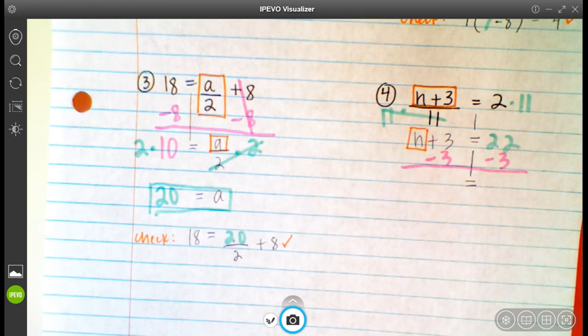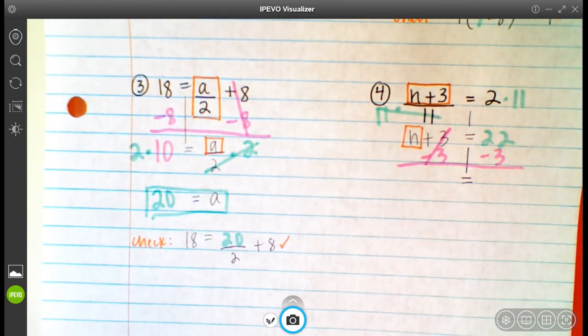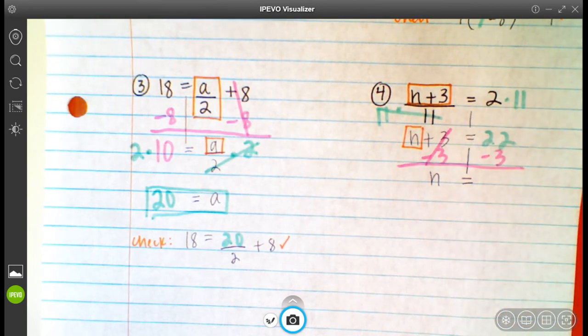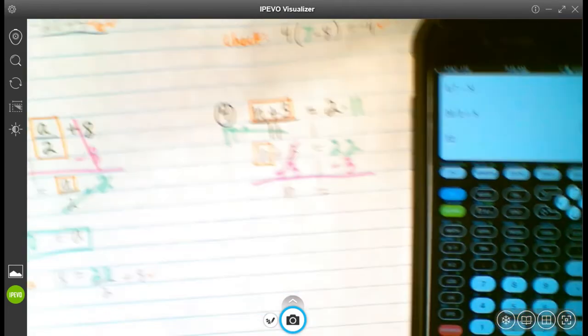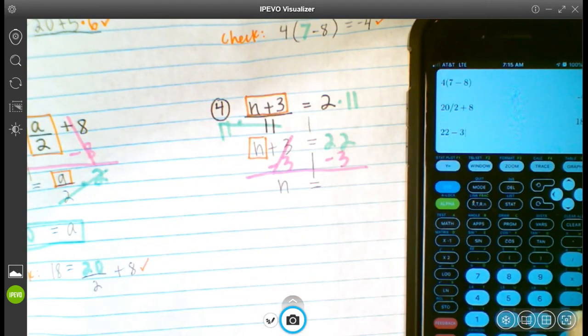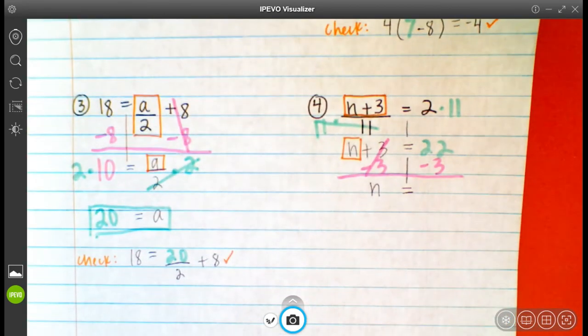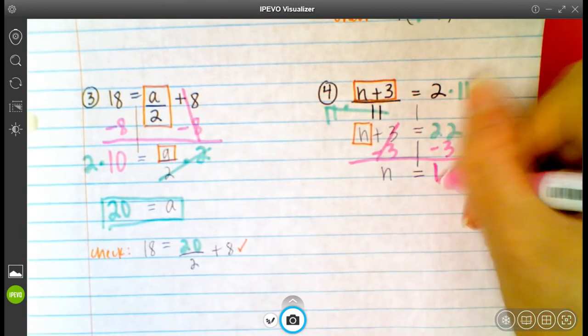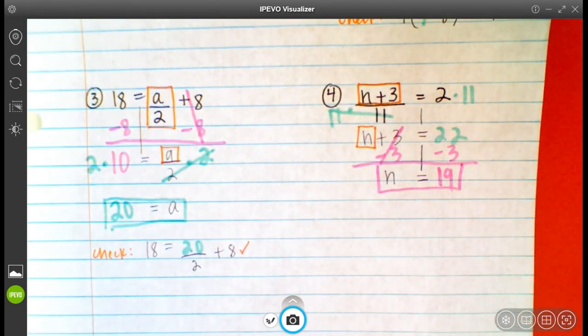If I add and subtract 3, they go to 0 or they undo each other. And last but not least, what the heck is 22 minus 3? Enter. And that's 19. Awesome. So our answer for n should be 19.